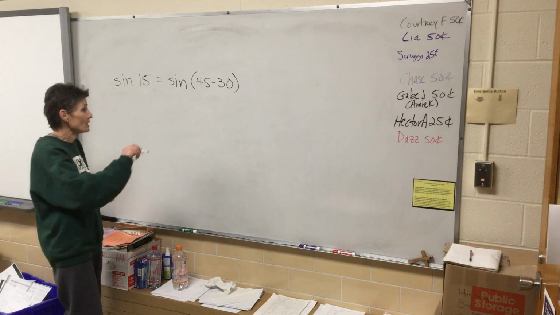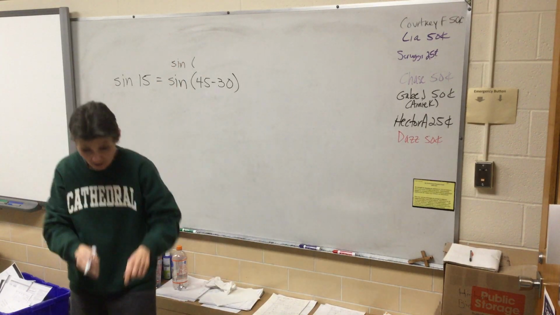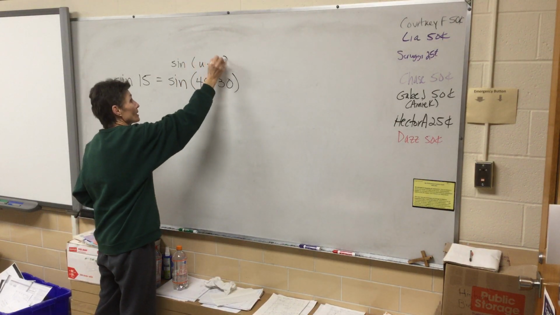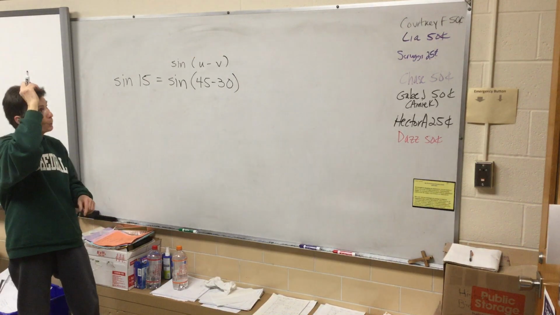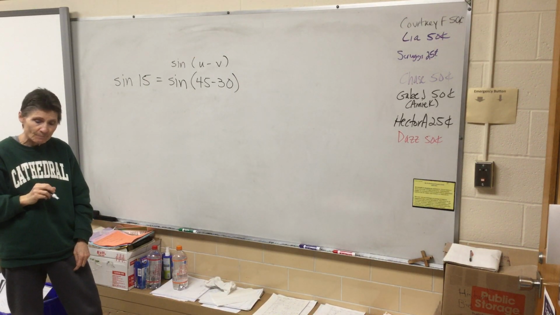Now, if you look on your sheet, we're going to use the formula. That's the sine of, is it u minus v? Yep, u minus v. So your u is 45 and your v is 30.